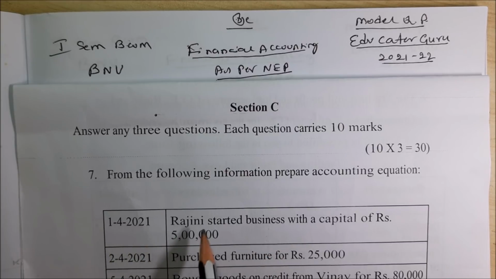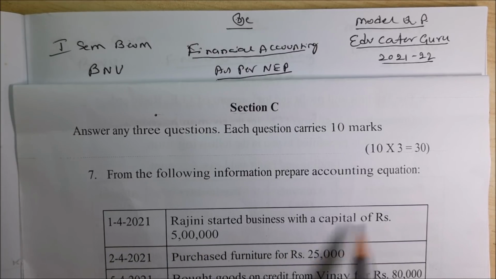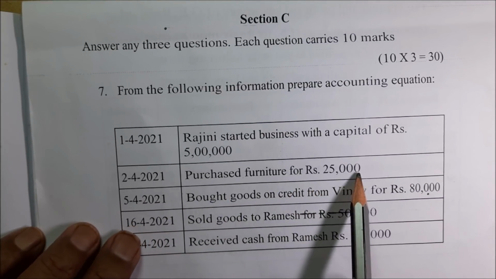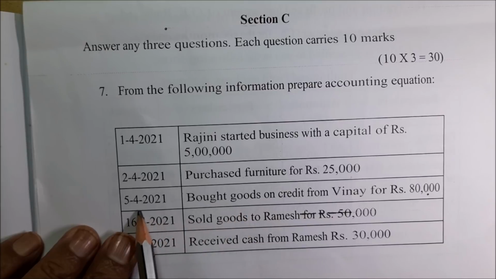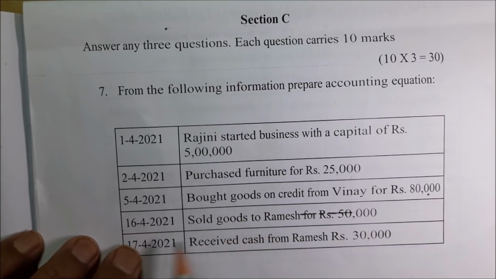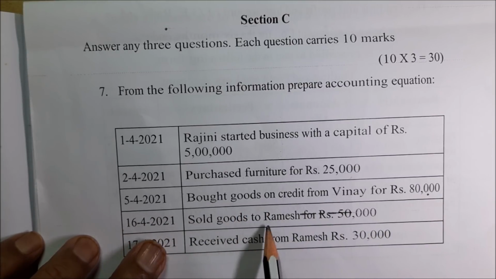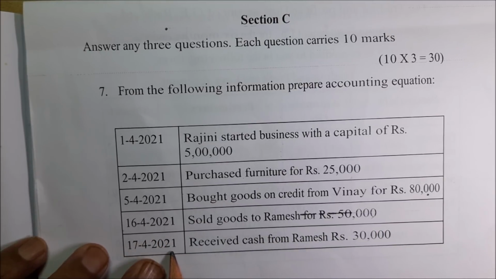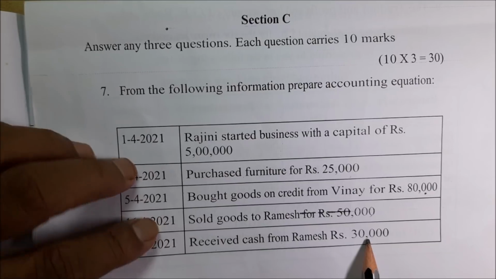On 1/4/21, Rajni started business with capital of rupees 5 lakh. 2/4/21 purchased furniture for rupees 25,000, that means for cash. 5/4/21 bought goods on credit from Vinay for rupees 80,000. 16/4/21 sold goods to Ramesh for rupees 50,000. 17/4/21 received cash from Ramesh 30,000.